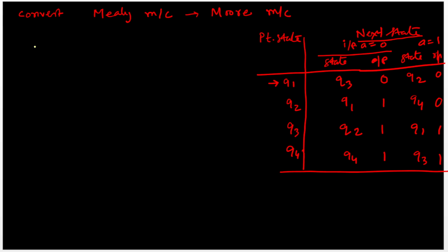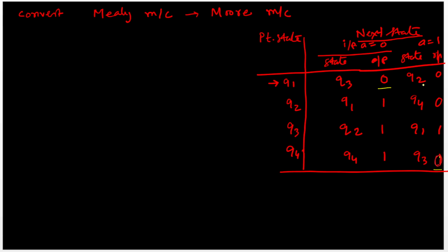For example, look, Q3: the output associated is 0, and here also the output is 0. So there is a unique output for the state Q3.